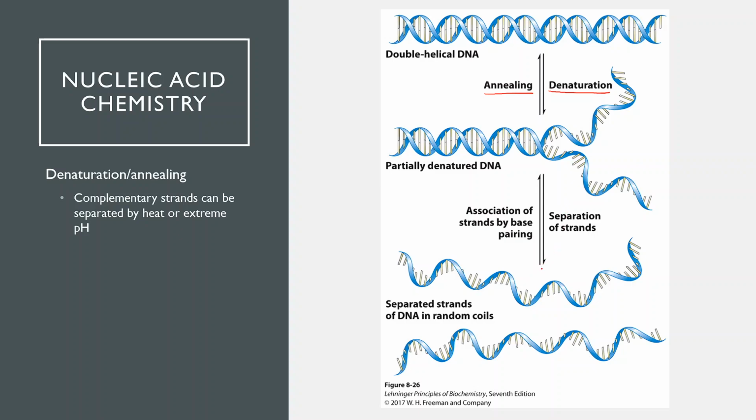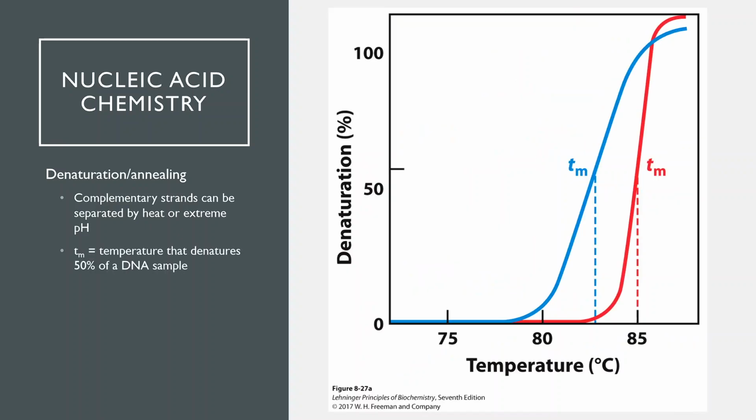The more you heat them, the more they will separate. And again, this is simply due to the physical nature of the double helix and is not dependent on the nucleotides, except that you can tell something about the sequence by how hot the DNA needs to get before they completely separate.